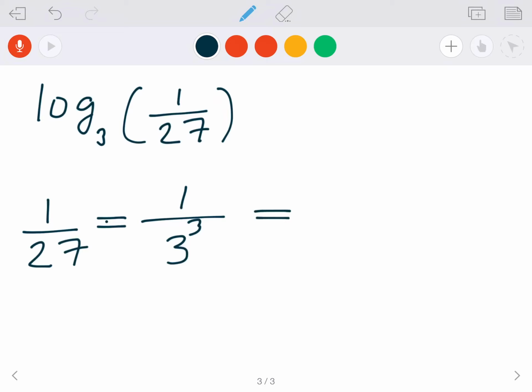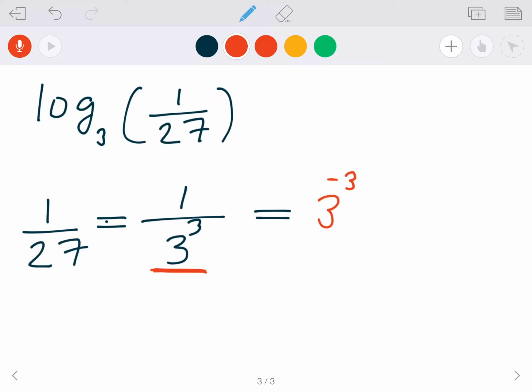We can move this term in the denominator, 3 to the power 3, to the numerator, but whenever we move from denominator to numerator, the power changes to negative.